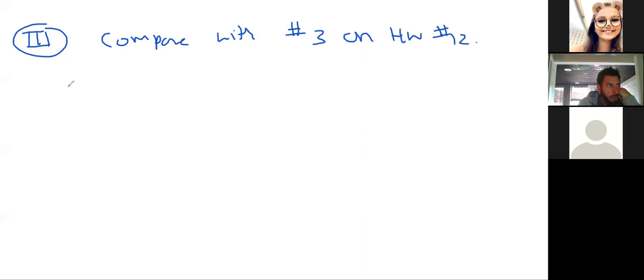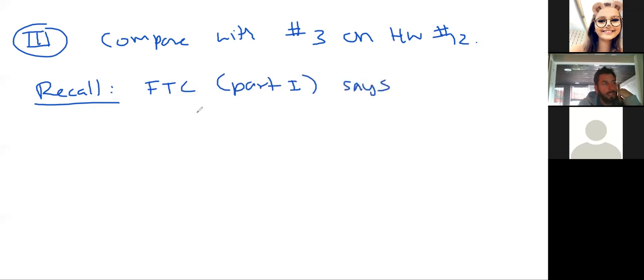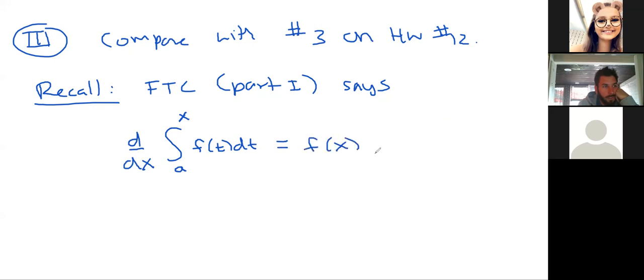So here's what you need to note or recall. The FTC Part 1 says the following. It says that if you have an integral where the bottom bound is a number and the top bound varies, then the derivative of this integral is just the function that you're actually integrating.